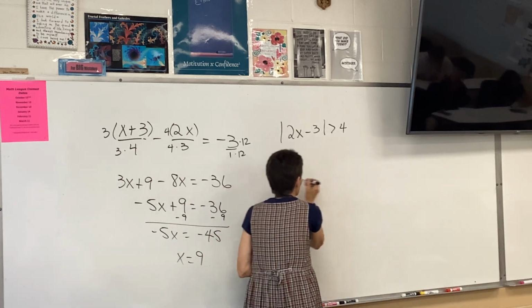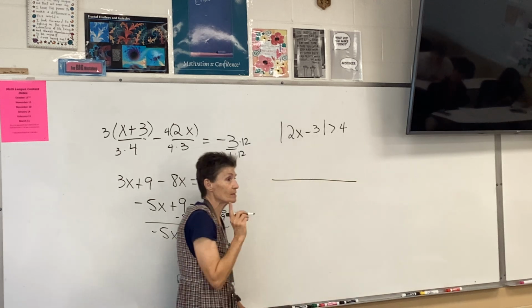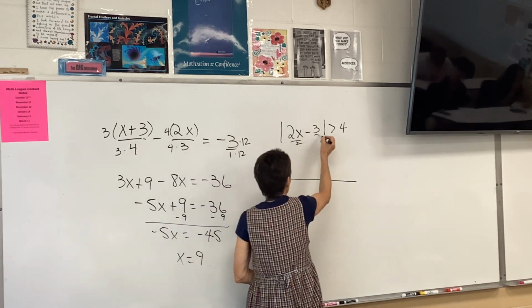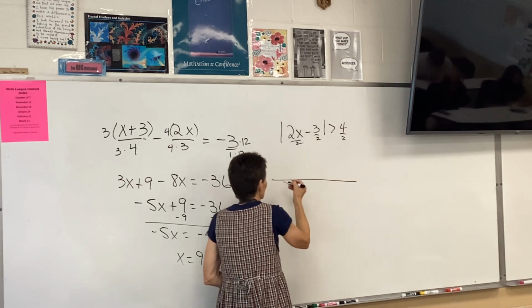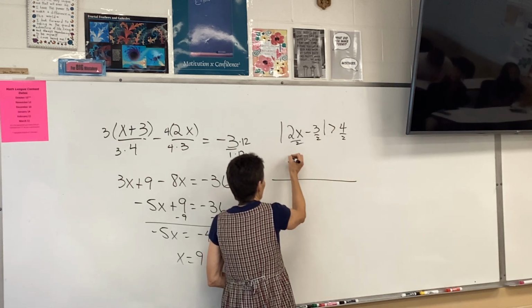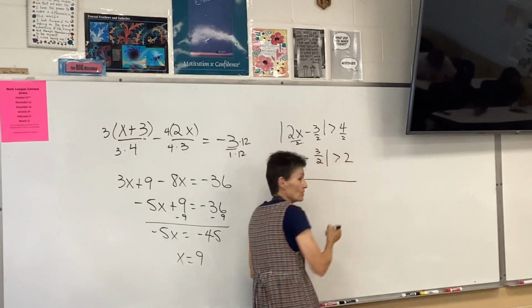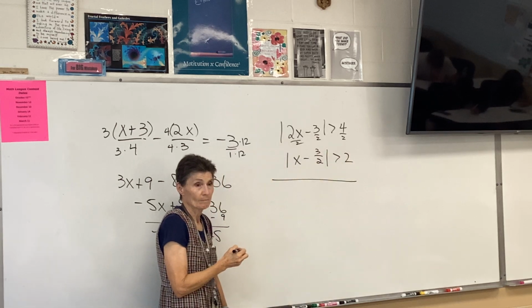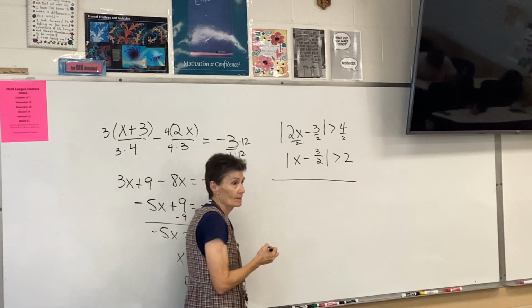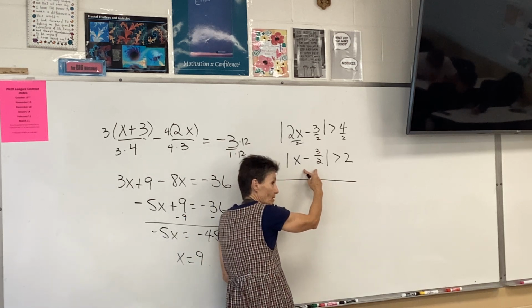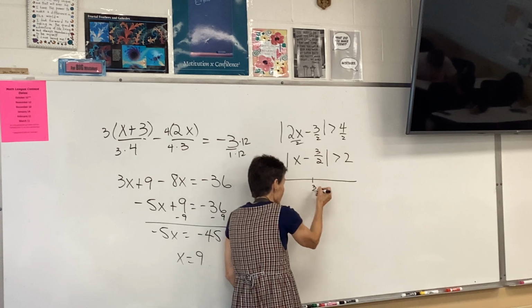I'm going to do this on a number line, but I can't go to the number line until I divide everything by 2. So I'm going to have x minus 3 halves greater than 2. So right here in the middle of my number line, I'm going to put what number? 3 halves.